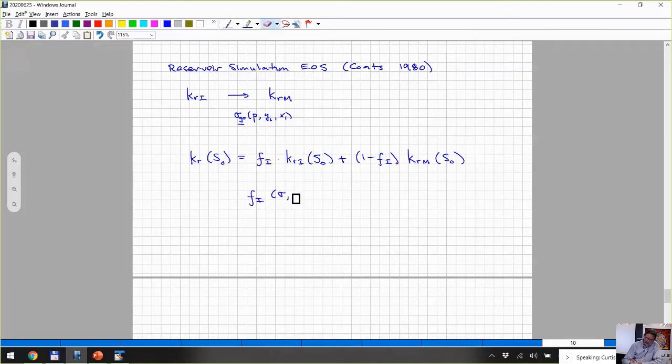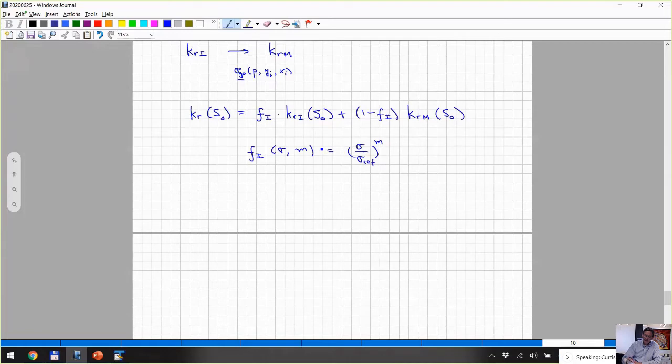It was a function of IFT and to a power. I don't remember the functional form, but it was something like IFT over some reference IFT to the power M. M would typically be greater than 1, if I remember right.